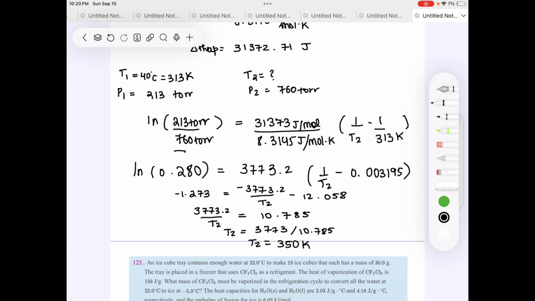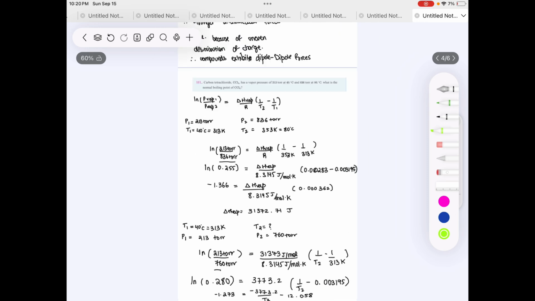Let us convert it from Kelvin to Celsius. We get 77 degrees Celsius, which is the normal boiling point for CCl4.